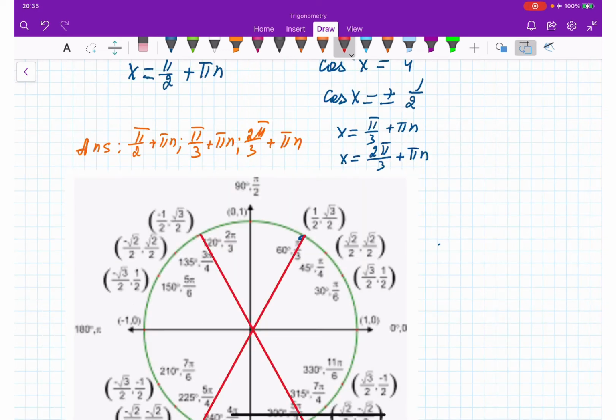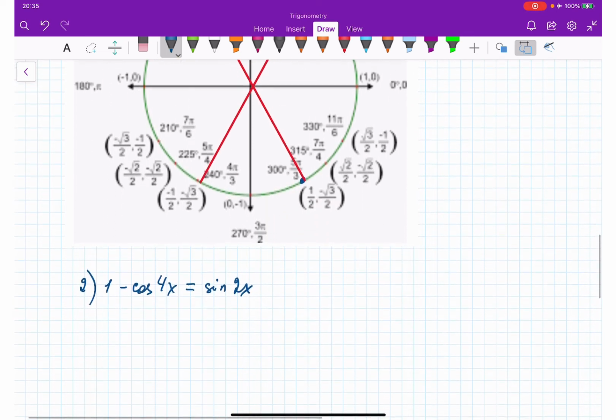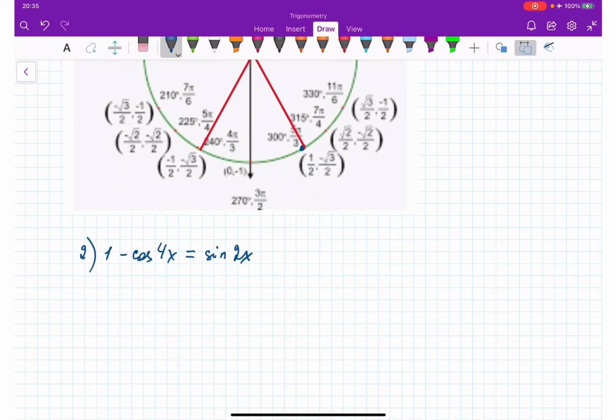Okay, moving to next question. 1 minus cosine 4x equals sine 2x. So again, what we see, 4x and 2x. So it's easy to bring 4x to the level of 2x. And we can do that using the formula 1 minus cosine alpha equals 2 sine squared alpha half.